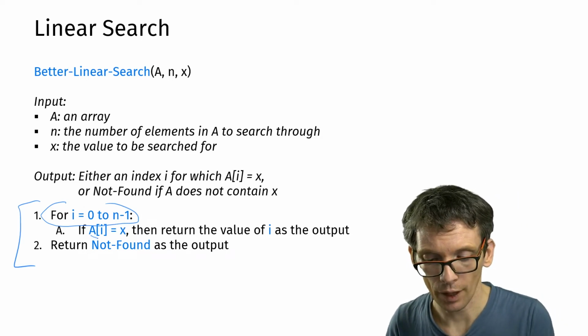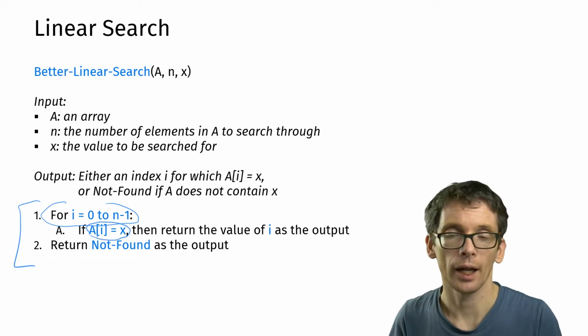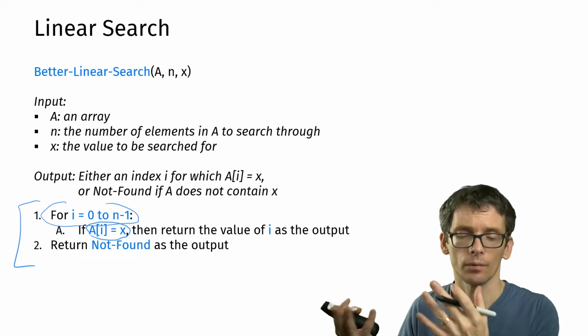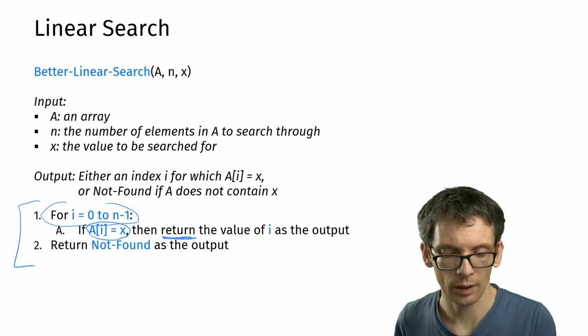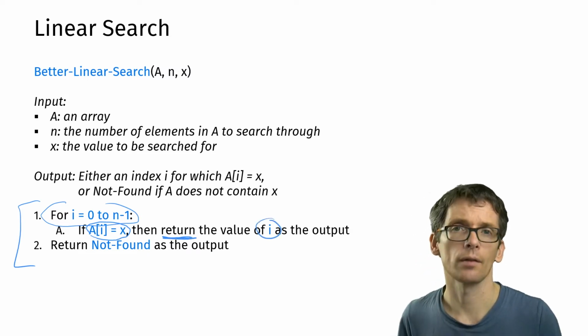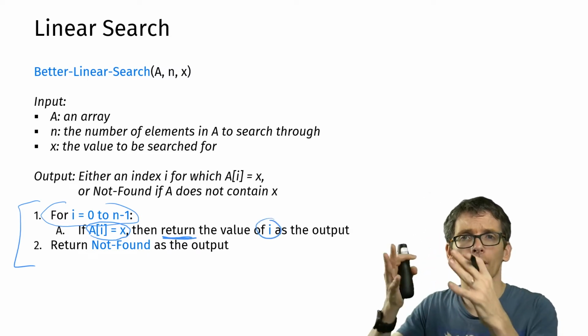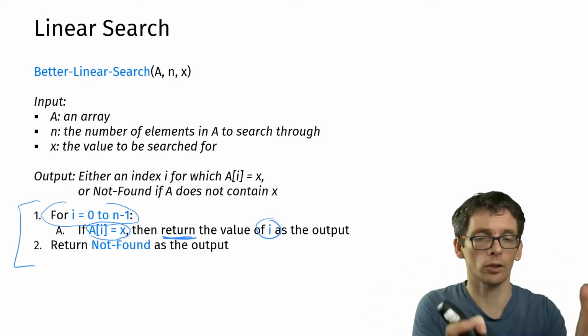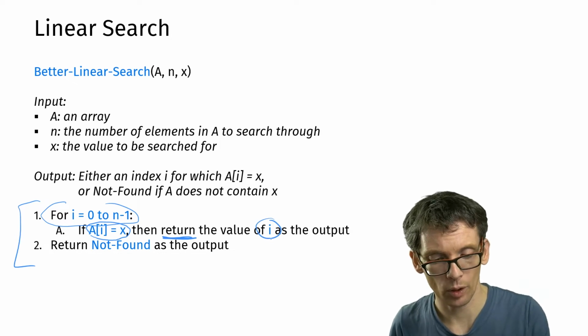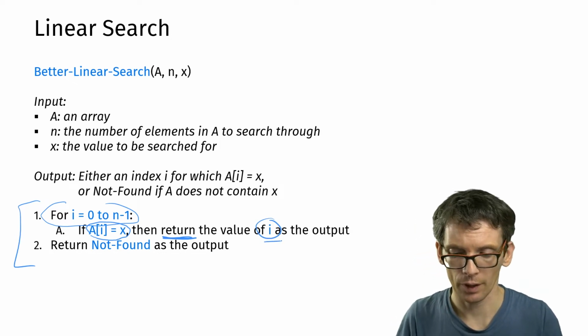If I find x at index i, I'm then immediately returning that value i. If I have a return statement, it means the algorithm outputs something and stops. At that point, the algorithm stops and returns i.